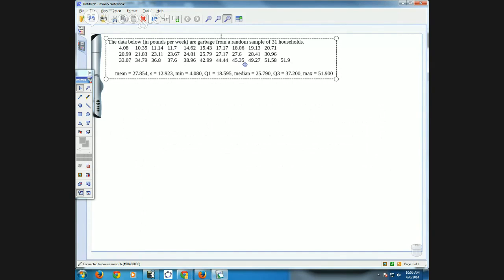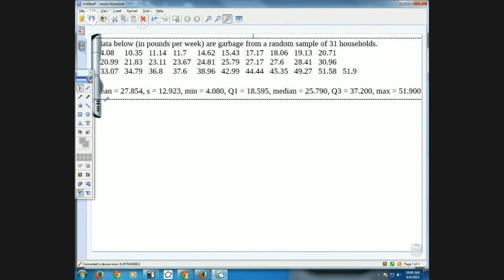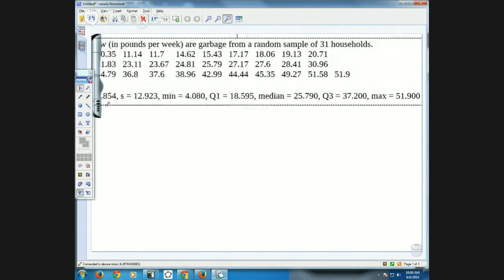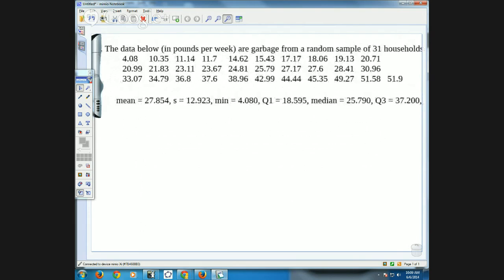No, blow it up more. Okay, that's about as big as I can make it, I think.